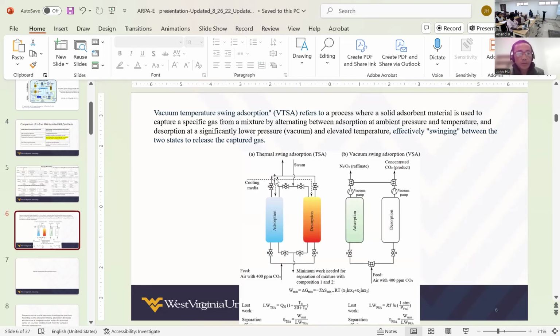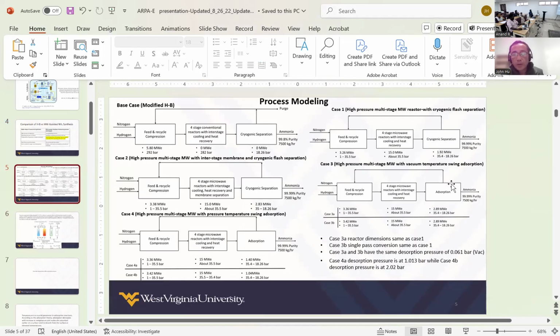Okay, so first, let's talk about it. This is basically the process simulation, process model, different cases. I'm going to go through them one by one. For simplicity, the Haber-Bosch process, we basically break into three sections.